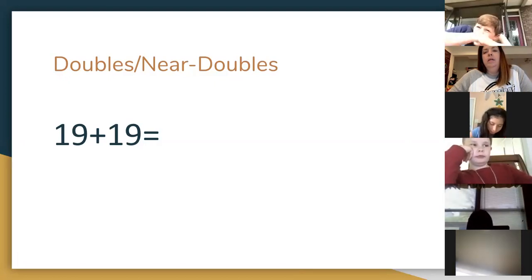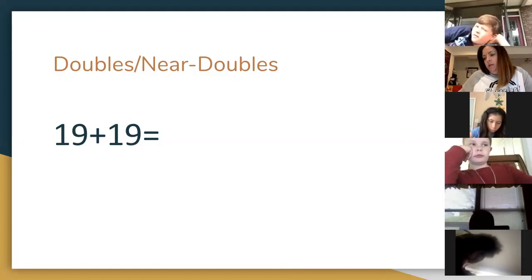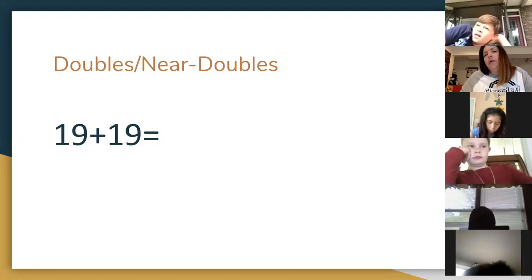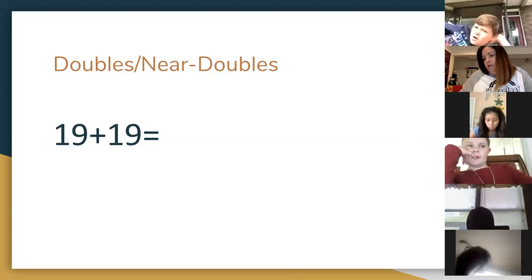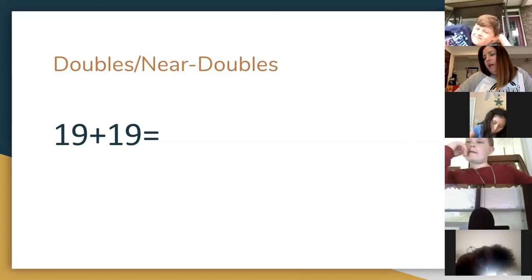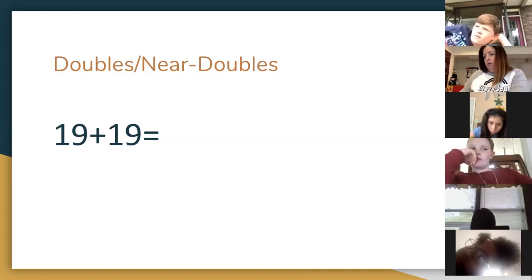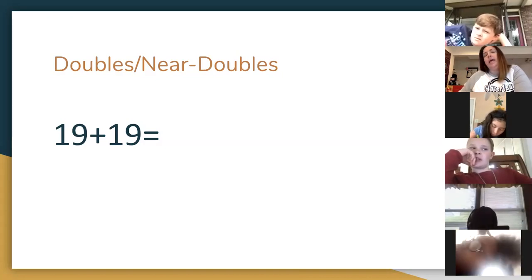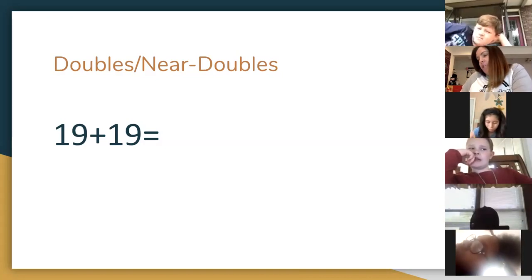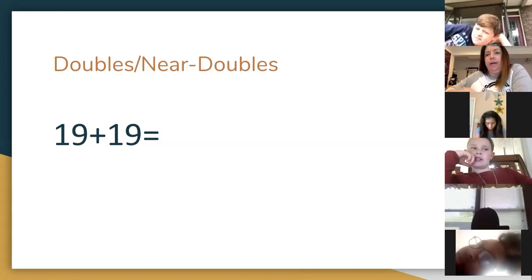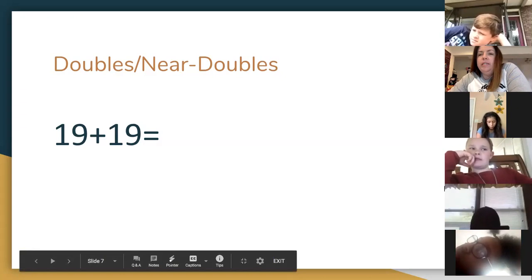I kept one 9, and then I took one from the other 9 to make it 10. Okay, so 10 plus 10 is 20, then 20 plus 10 is 30, plus 8 because you borrowed, and you get 38. Good. Anybody else do it differently?